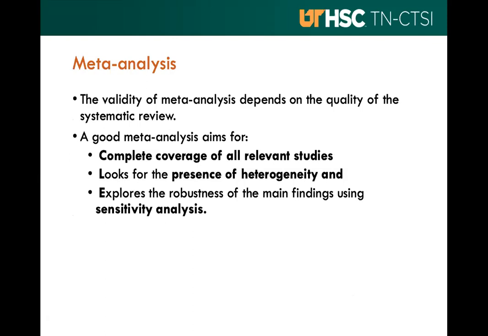The validity of meta-analysis depends on the quality of the systematic review. Based on the statistical software, sometimes you have the outline for the systematic review. For example, RevMan 5 from the Cochrane library has the outline that you should follow when you conduct a systematic review.